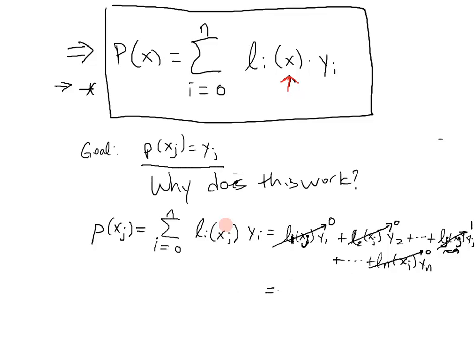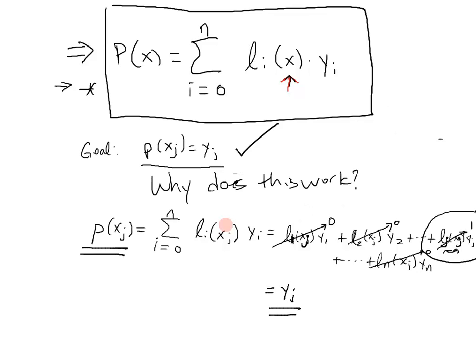This becomes yj, because all of these terms cross out and become 0, and the only term you have left is this term right here, which is 1 times yj, and now you have P of xj equals yj, which is exactly what our goal was.